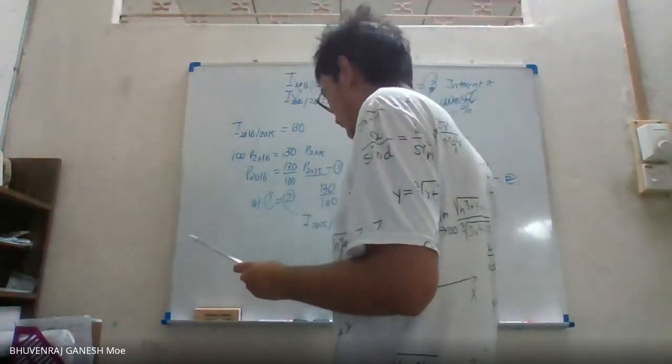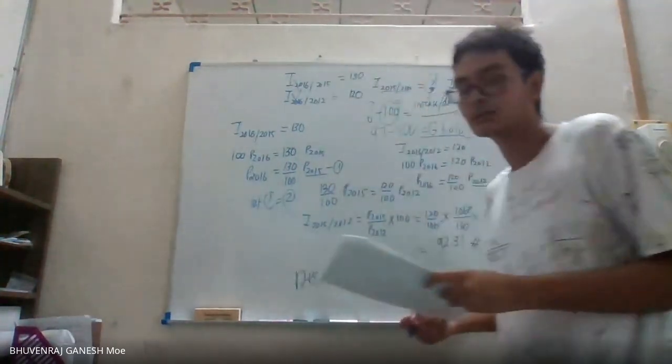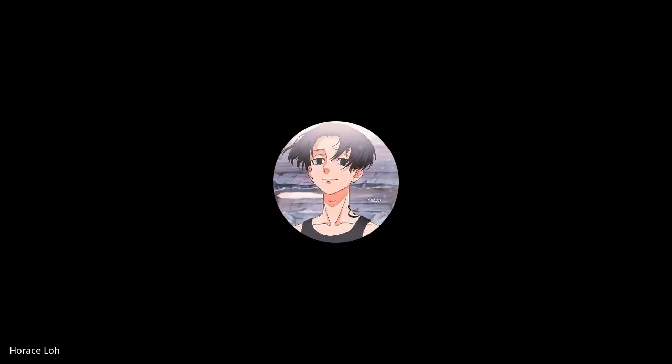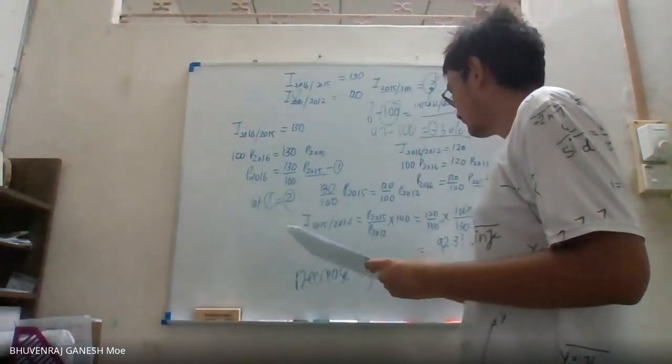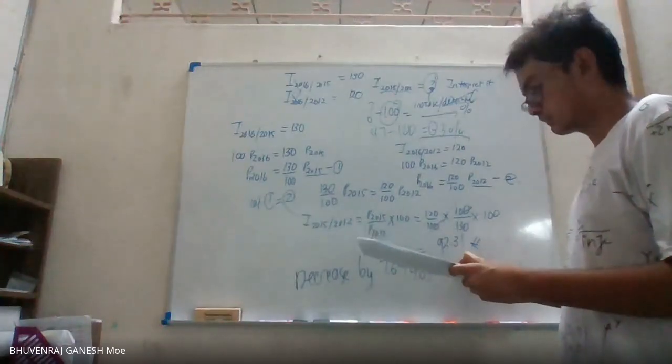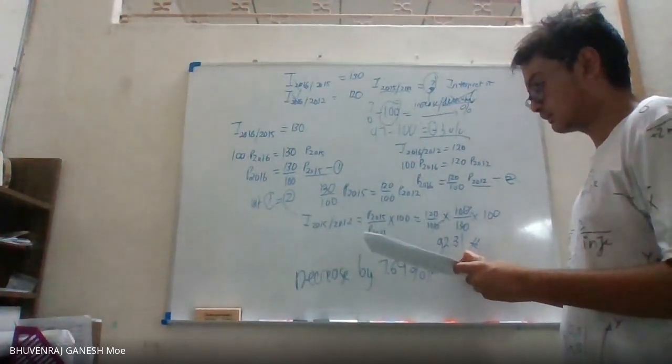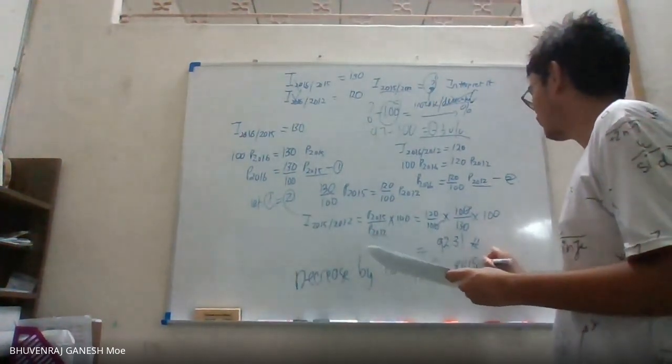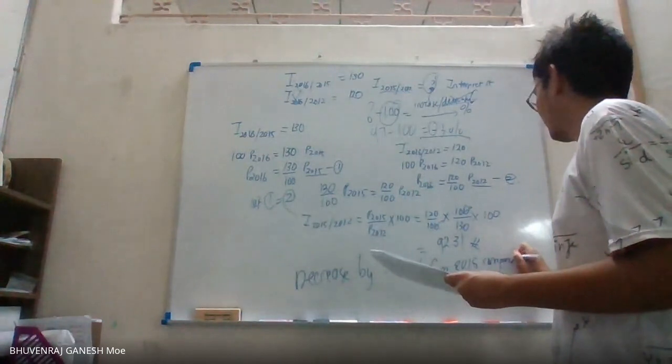Give the exact one, the purple one, up to 2 decimal. 92.31, decrease by 7.69. From what year? From 2015, compared to 2012.